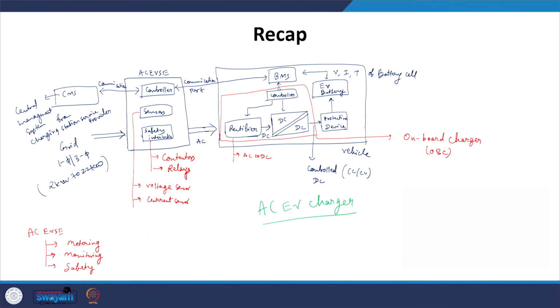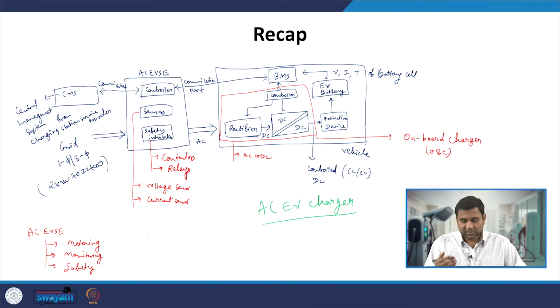It is the BMS which determines the kind of charging, at what stage of the charging profile our charger is, and accordingly it will instruct the power conversion unit, which comprises the rectifier and DC converter, that they need to keep this amount of voltage or current at the output.